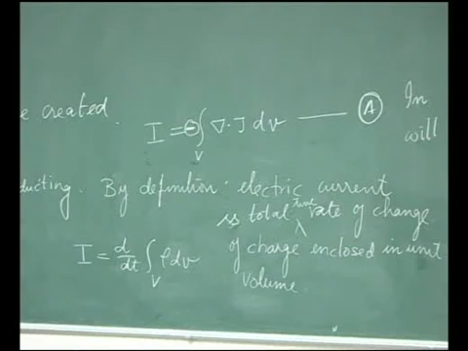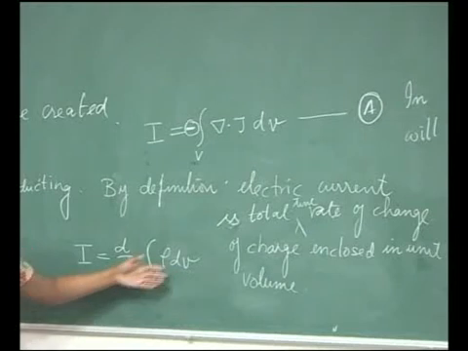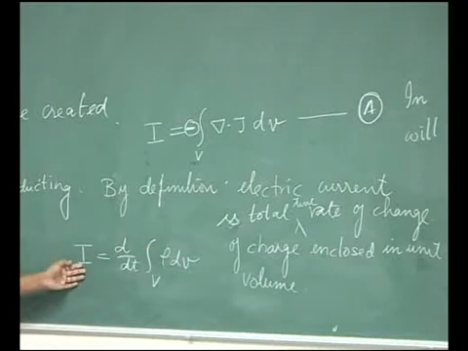Rho dV is the total charge enclosed in a volume V, and the rate of change of this charge is equal to the current. This is by definition.